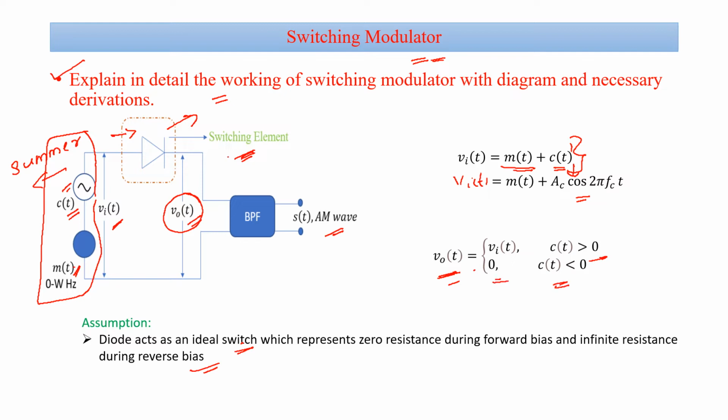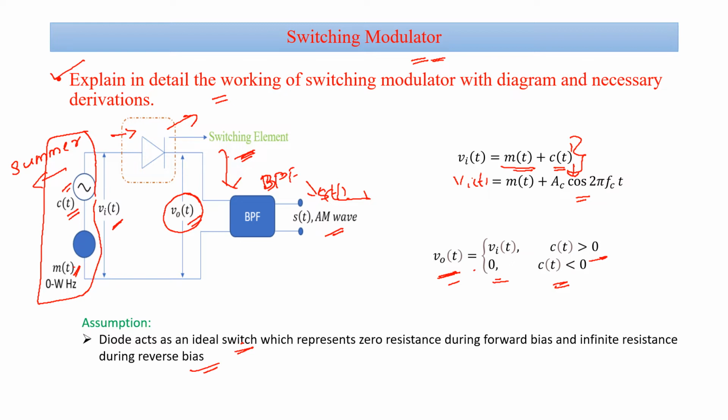Okay, so it is acting as a switch. The output V0(t) will be given to your band pass filter, which will eliminate all other unwanted frequency signals and give you the desired modulated signal, that is your s(t). Okay, so this is the overall view of this diagram.